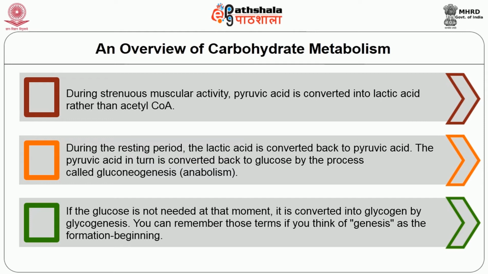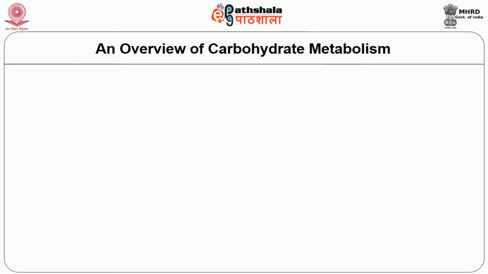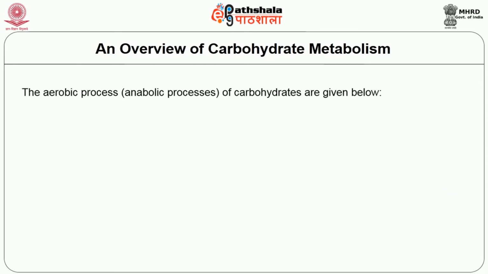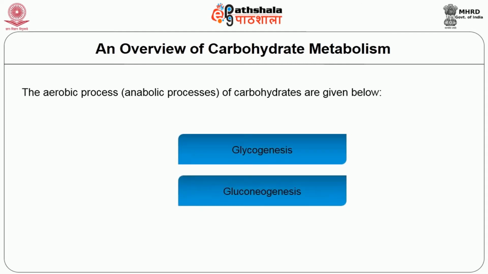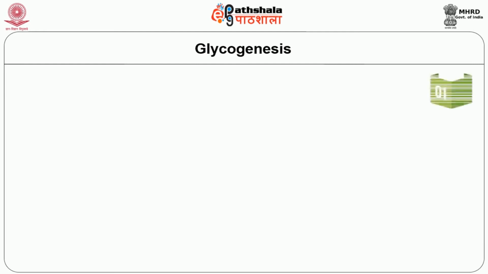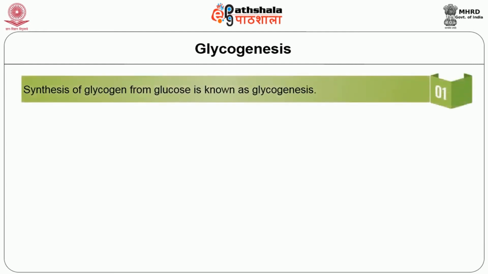You can remember those terms if you think of genesis as the formation and beginning. The aerobic processes of carbohydrates are given below: glycogenesis and gluconeogenesis. We'll now understand what glycogenesis is. The synthesis of glycogen from glucose is known as glycogenesis.